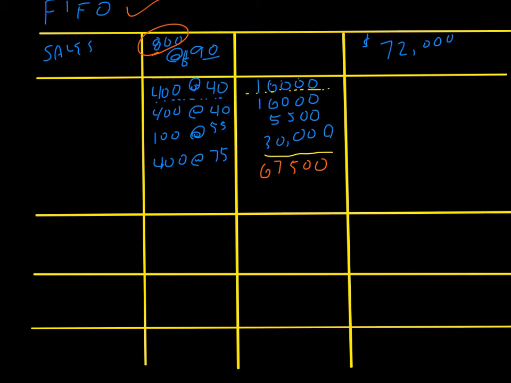If you think about it, first in, first out, well, these were first in right here, these 400. Those would be gone. And then, well, let's see, we got 800, so then another 400 gone.